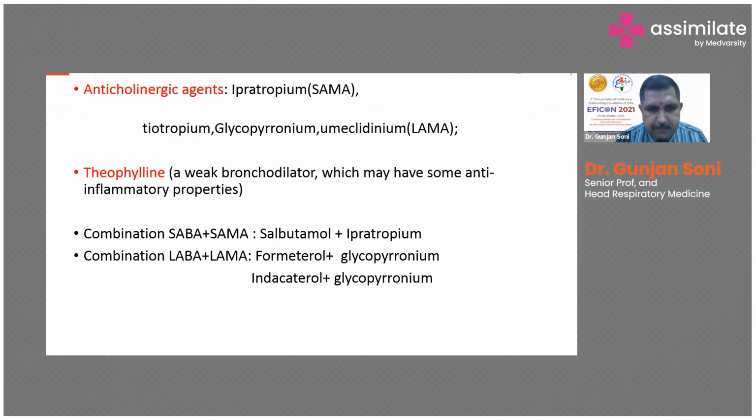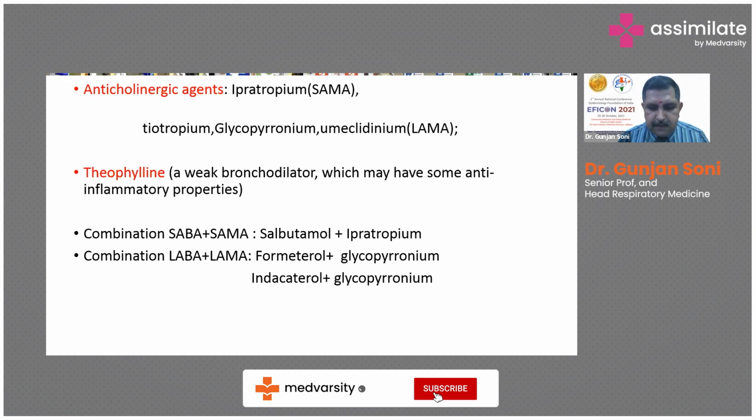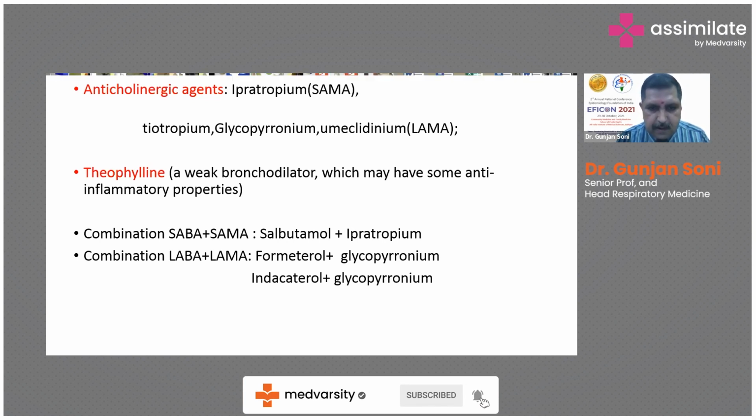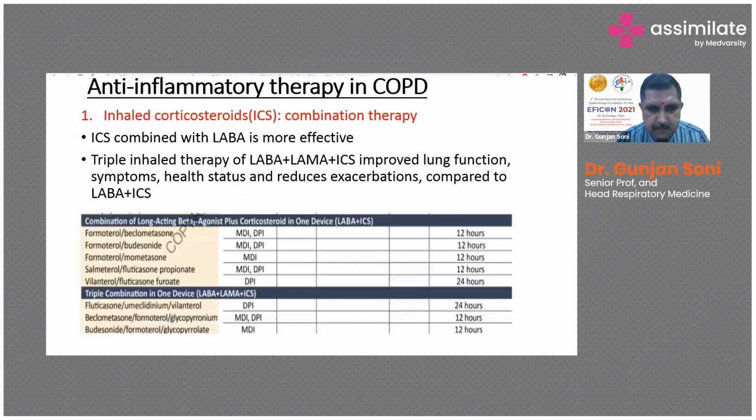So these are weak bronchodilators, but they have anti-inflammatory properties. So a combination of SABA or SAMA can be used, but better to use a LABA and a LAMA in the patient of COPD. If the eosinophil is more than 300, better to use an inhaled corticosteroid.